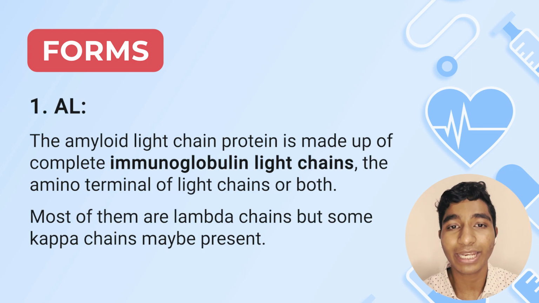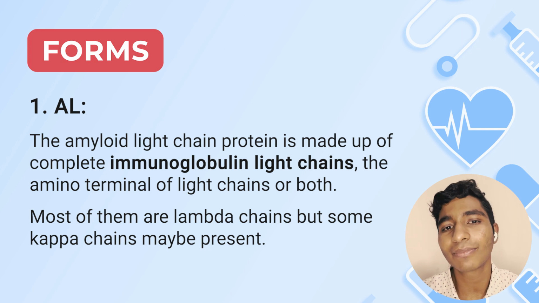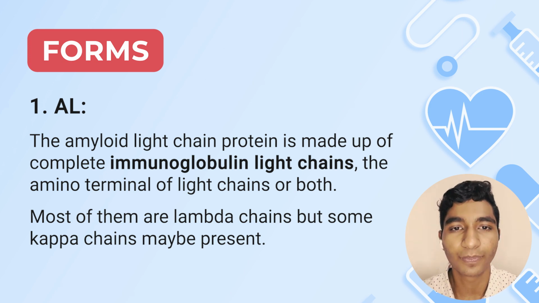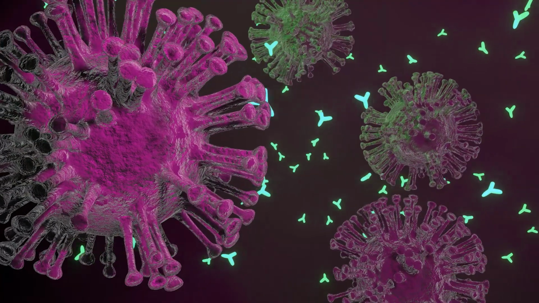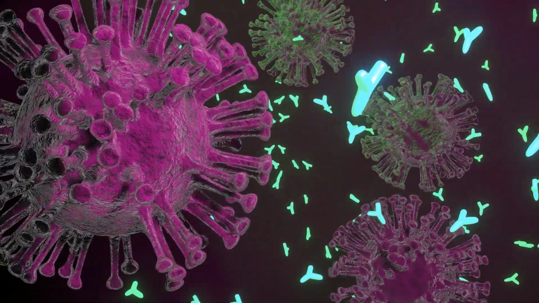The first form, namely the AL type, is made up of complete immunoglobulin chains, right? Mainly of lambda, but sometimes kappa chains can be involved too. Now plasma cells physiologically produce antibodies.